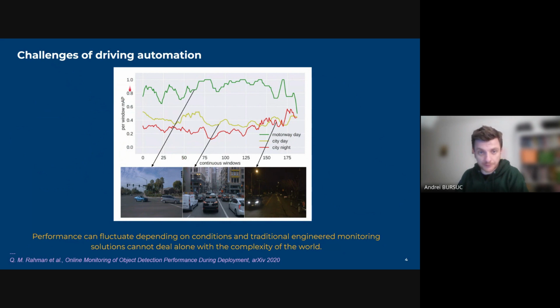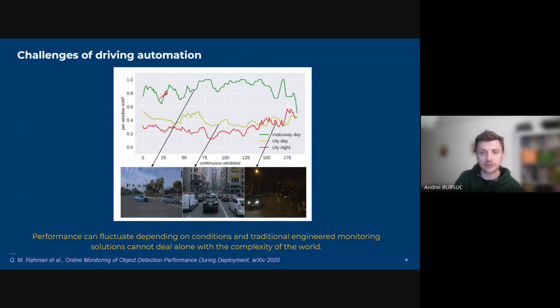Here on the y-axis, we have the mean average precision, the mAP score for object detection. And here on the x-axis, we have the temporal dimension, where we analyze over a video sequence. We analyze the performance at each frame of our object detection model.